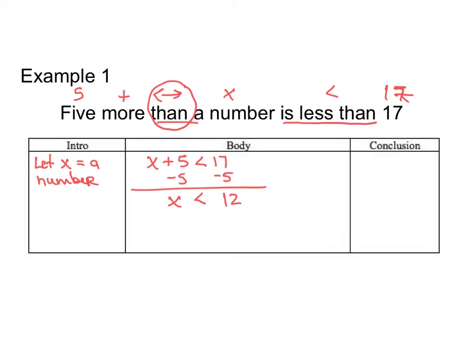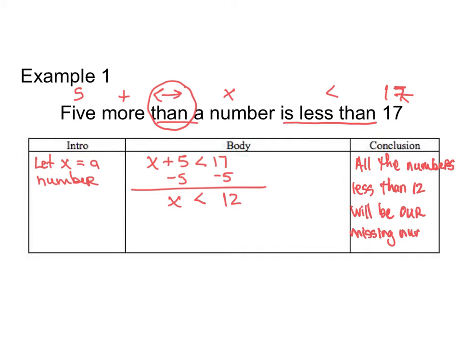It means all the numbers less than 12 will be our number, like our missing number. So all the numbers less than 12, we can put into this equation. It will always still make it true.